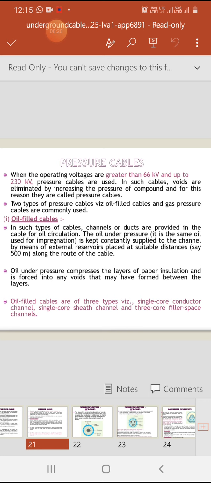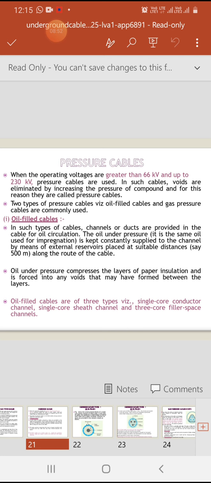Oil under pressure compresses the layer of paper insulation and is forced into any voids that may have formed between the layers. Due to the elimination of voids, oil-filled cables can be used for higher voltages, and the range may be from 66 kV to 230 kV. We can use oil-filled cables.